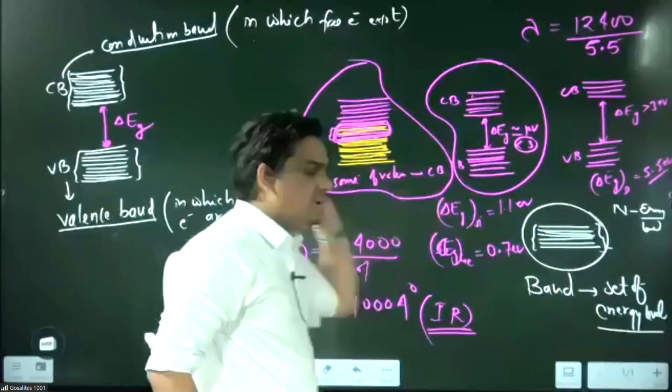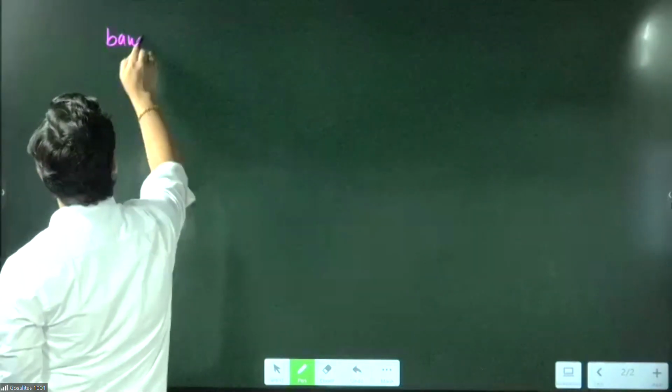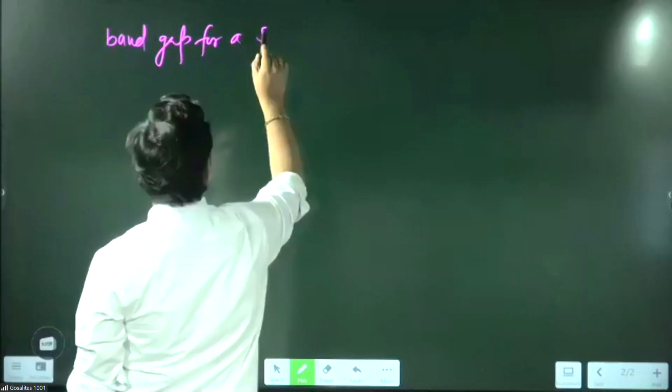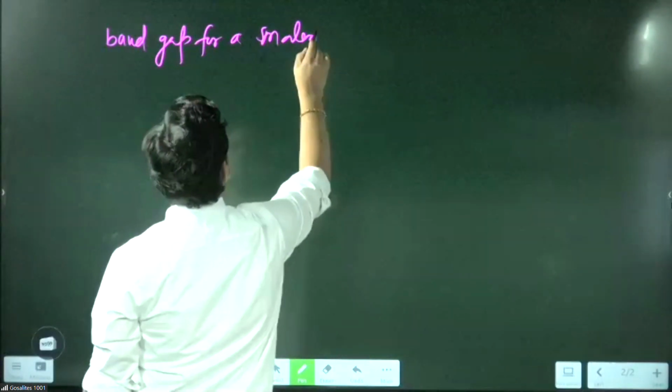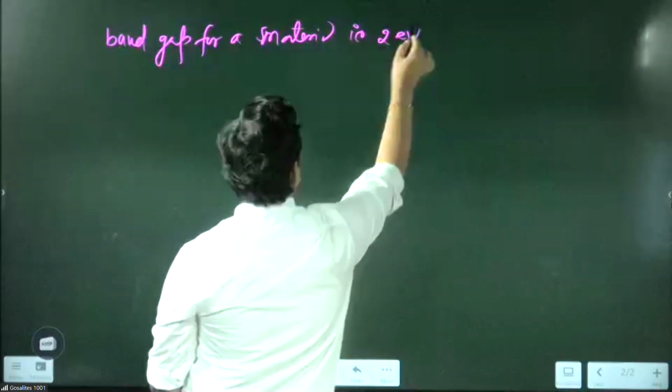Now I will be asking one question. The band gap for a material is 2 electron volt.